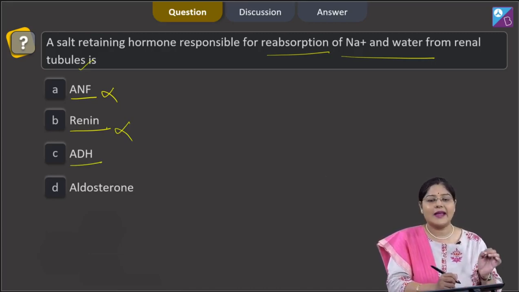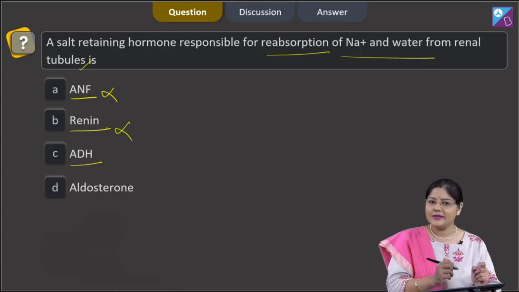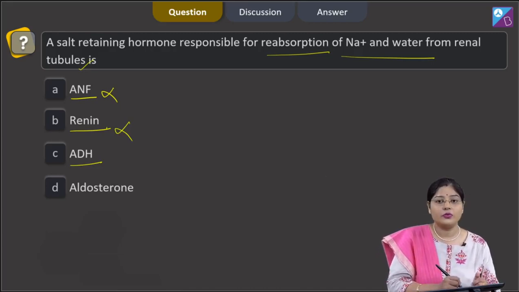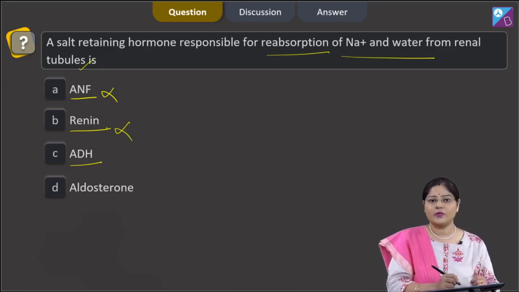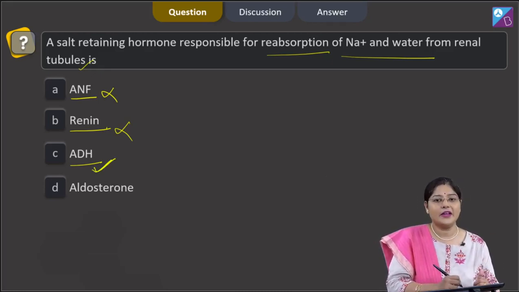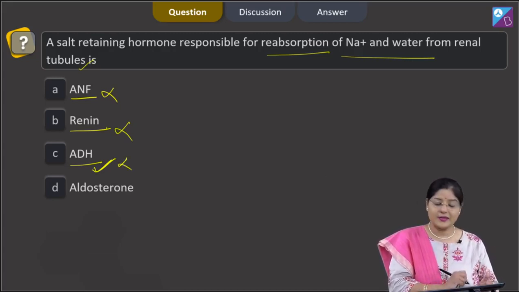Third option, ADH. ADH stands for antidiuretic hormone, also known as vasopressin. This ADH is released in response to high osmolarity. Whenever there is high osmolarity, then neurohypophysis releases ADH, and this ADH acts on the DCT and CD, increases their permeability for water, and water reabsorption occurs. So this cannot be a correct answer.